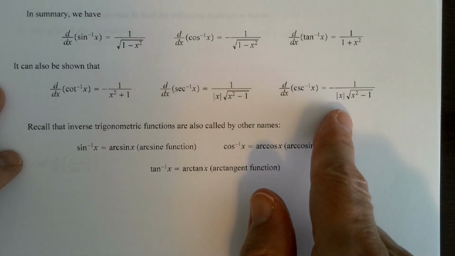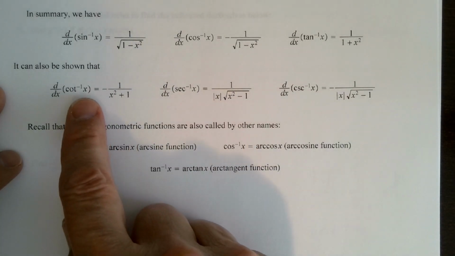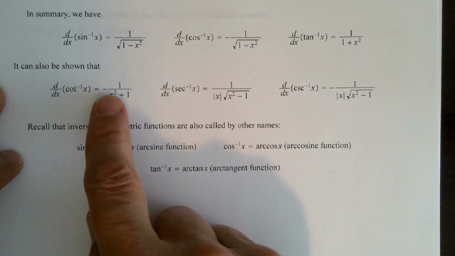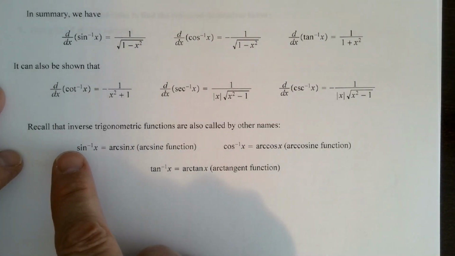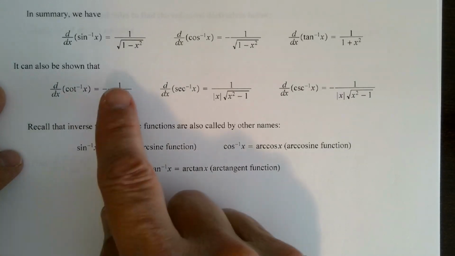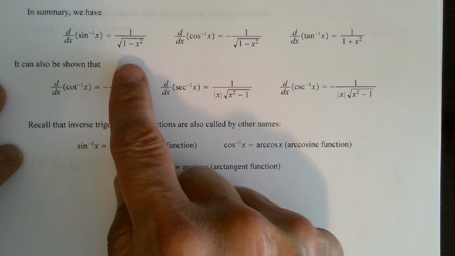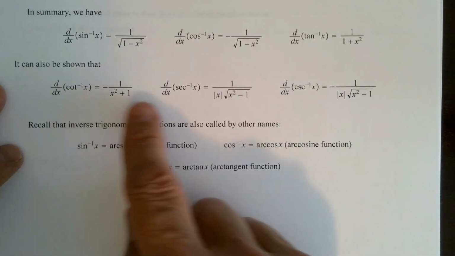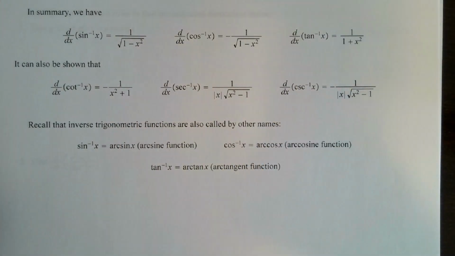See the derivative of the inverse cotangent function, very similar to the derivative of the inverse tangent function with just a negative 1 there. As far as I'm concerned, the ones I'm going to hold you to are these 3 up here. You need to know these 3. These down here you won't have to know. If you are needing them on something, I would give those forms to you.